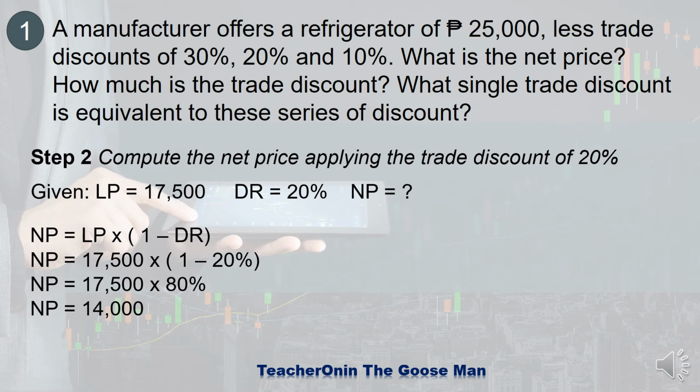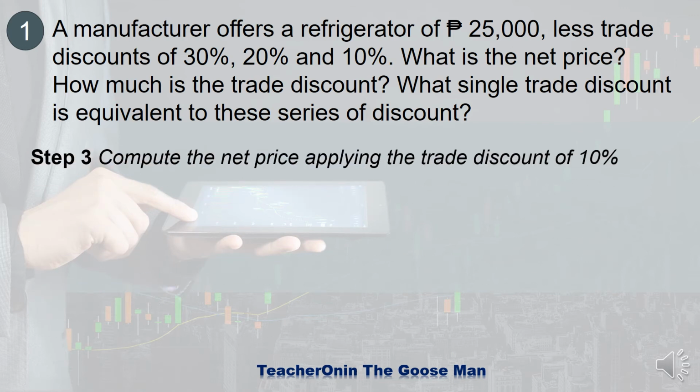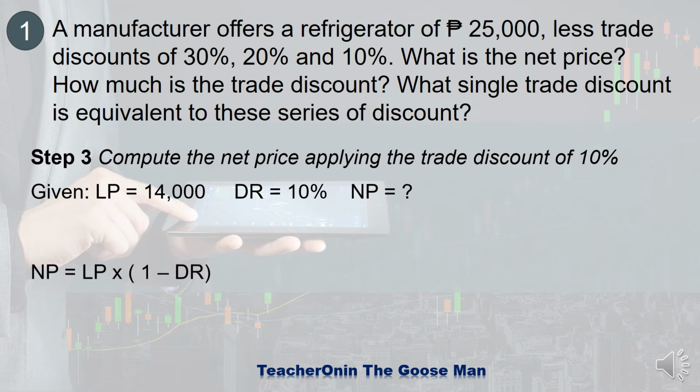Next, we still have the 10% discount. So step number 3, compute the net price applying the trade discount of 10%. This time, our list price is actually 14,000 pesos and the discount rate is 10%. We want to find out the net price. Again, we will plug in the formula of list price times 1 minus the discount rate.